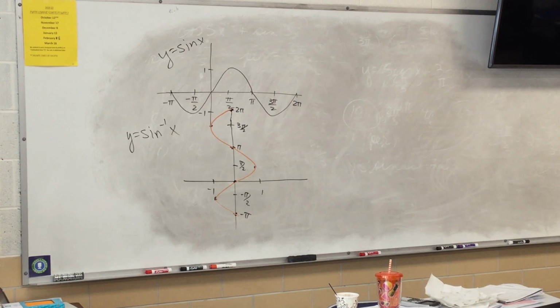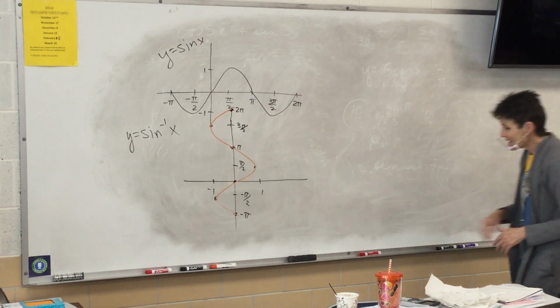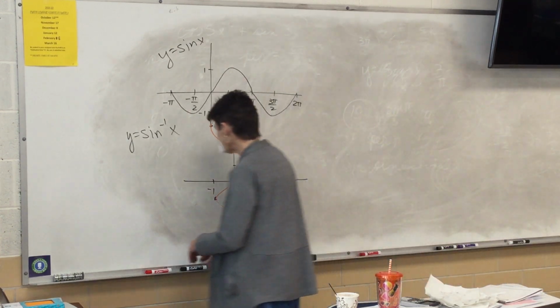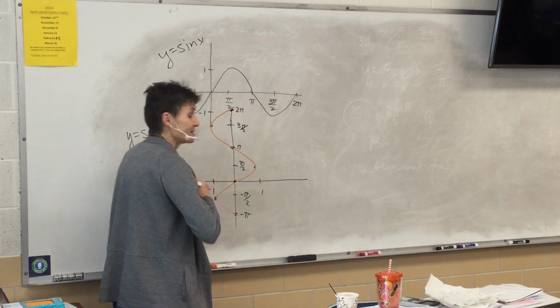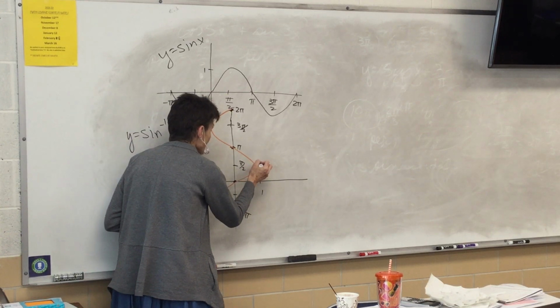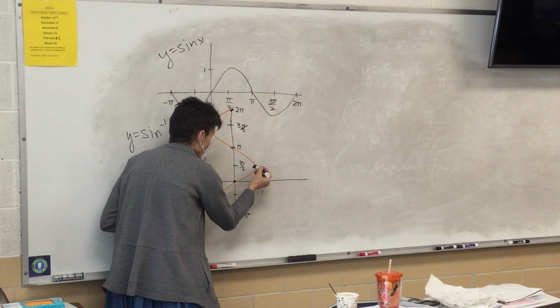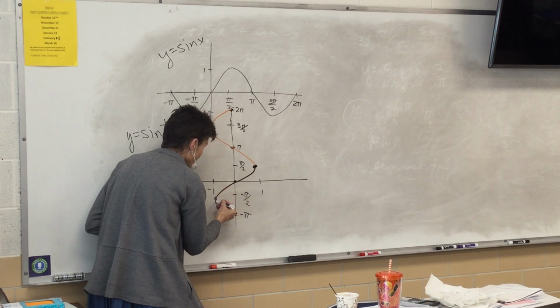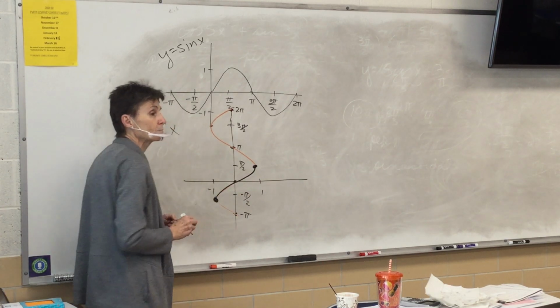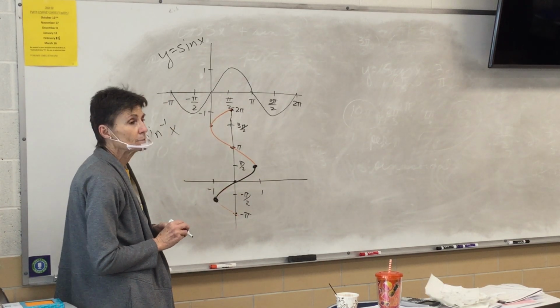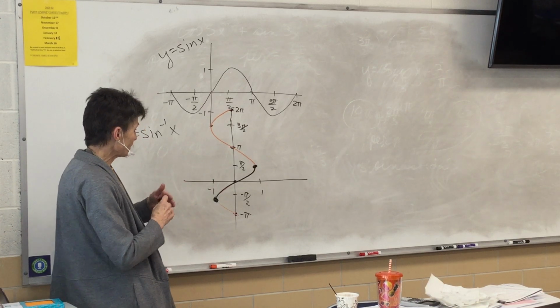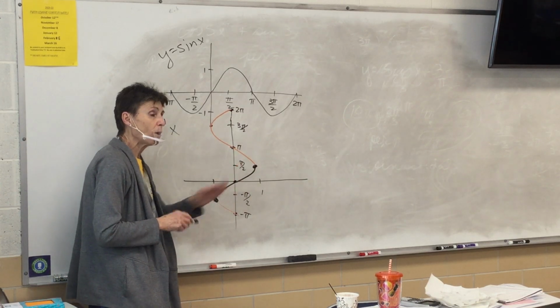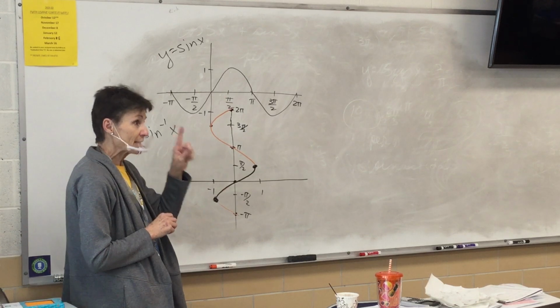It doesn't give you like this or this or this. So to make this a function, and that's what we have to do, we have to artificially make this a function. We restrict ourselves to this part of the curve only. Because if we restrict ourselves to that part only, that's a function.